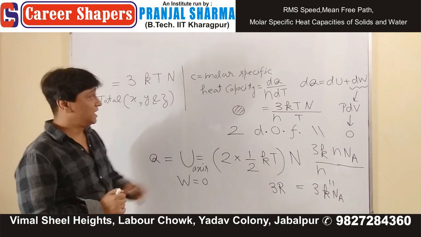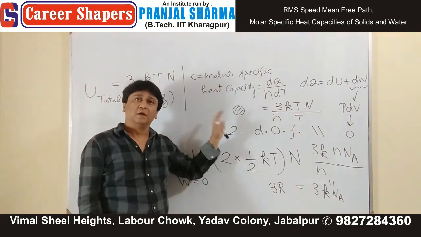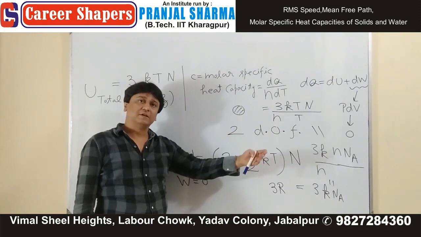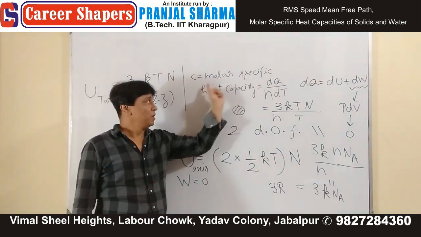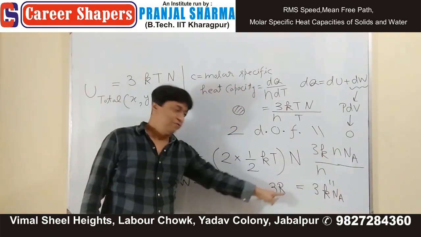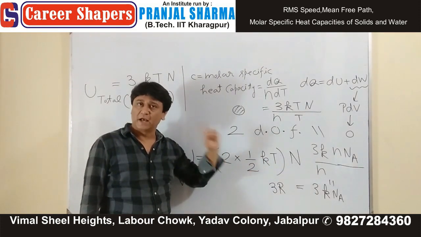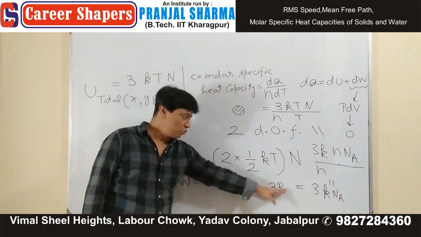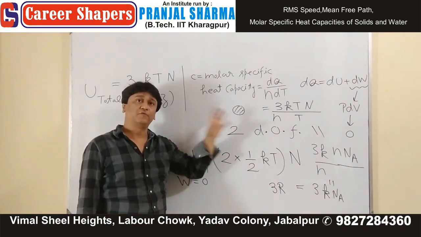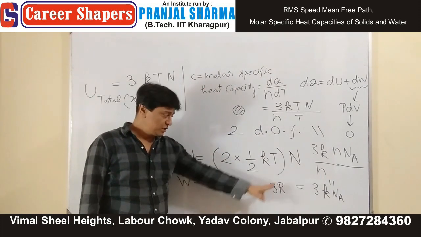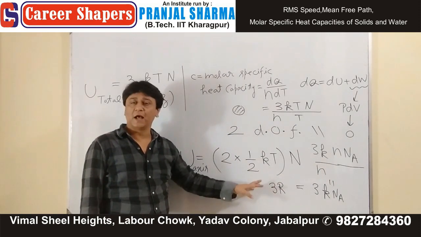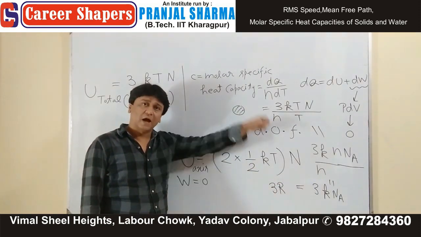Gas constant. We are dealing with solids, but this kinetic theory of gases can also give us an idea of the molar specific heat capacity of solids. The concept of R is basically for gases, but it can also be used to define the molar specific heat capacity of a solid, which is coming 3R. This 3R has nothing to do with the type of solid.